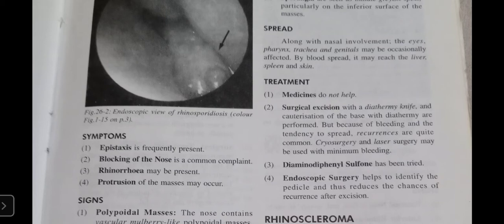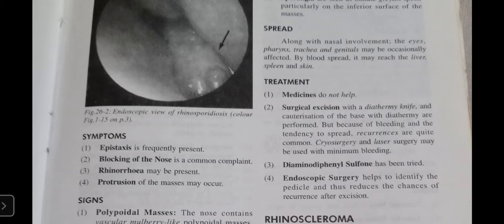The predisposing factor for rhinosporidiosis is trauma. When there is any trauma or injury to the nasal cavity, these spores may infest the nasal cavity. The causative fungus is Rhinosporidium seeberi or Rhinosporidium kinealyi. These spores may infest that injured part of the nose. So the predisposing factor for rhinosporidiosis is trauma.